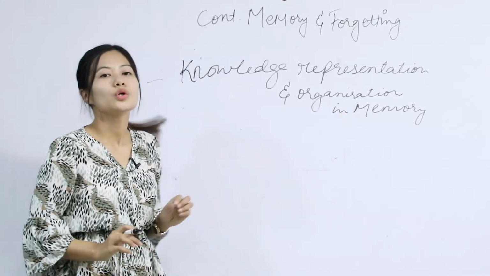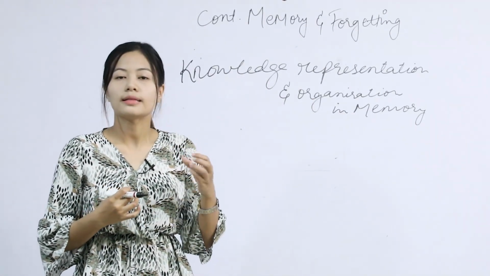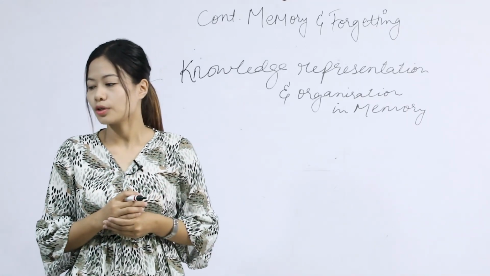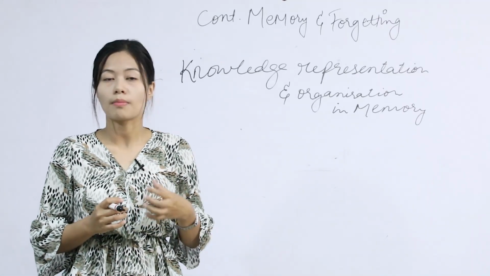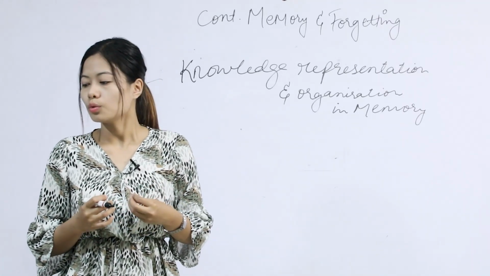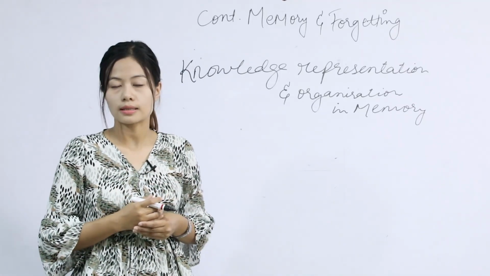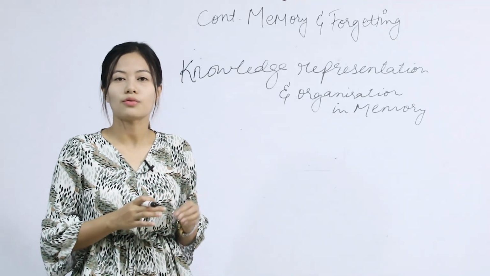In this section, we will look at the organizational structure that long-term memory acquires over a period of time. Since long-term memory holds a large amount of information, we will see how our memory system organizes its contents so that the right information is available at the right time.